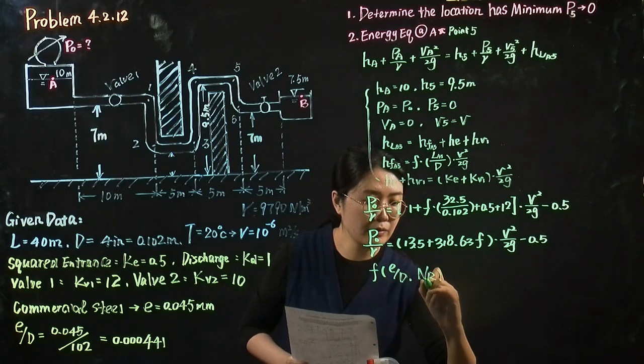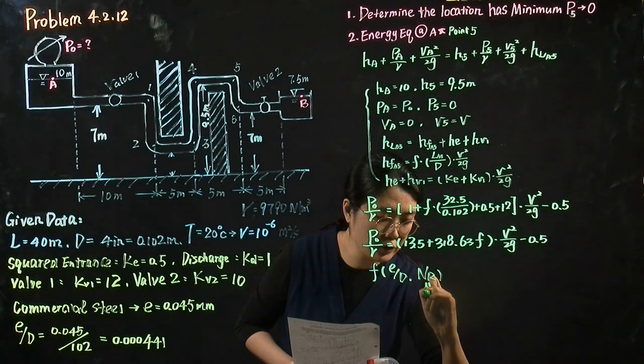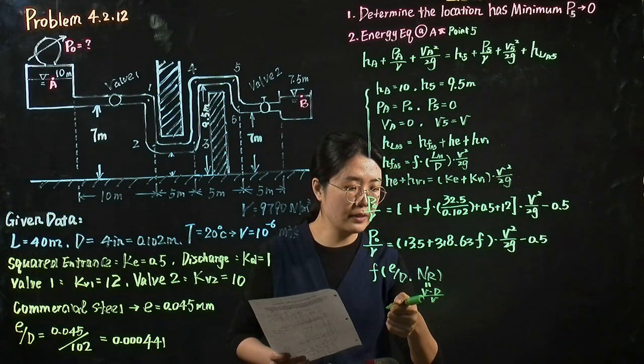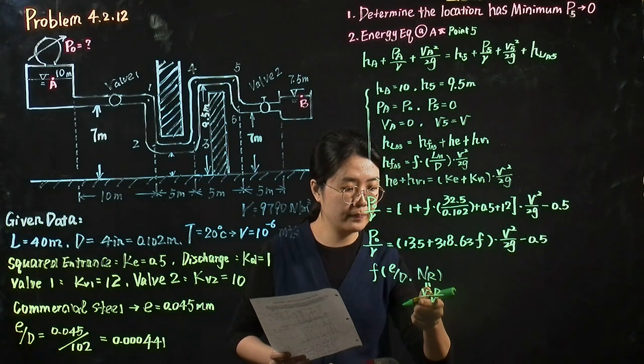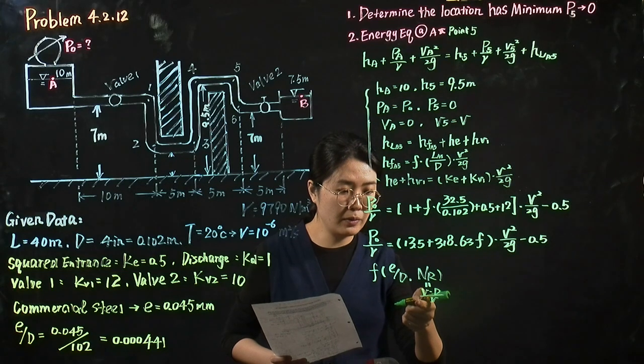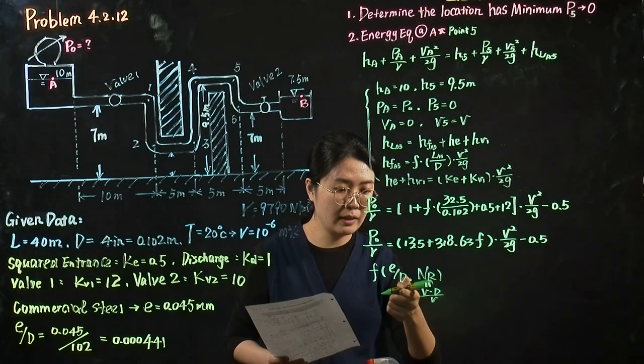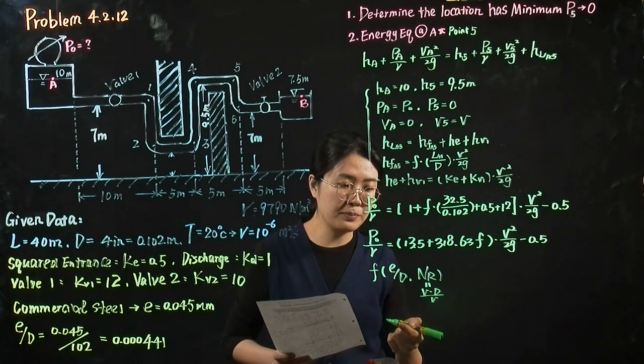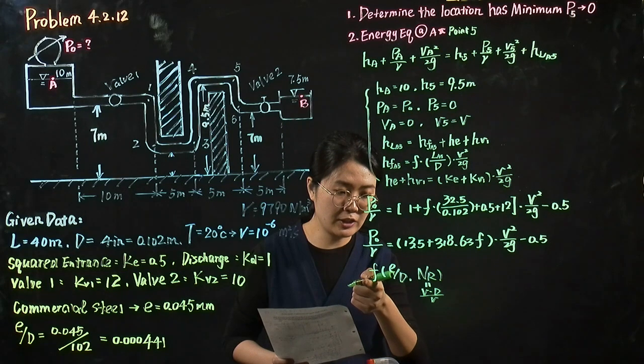Because the Reynolds number equals the velocity times diameter over kinematic viscosity, and the velocity is unknown, currently we only know the value of the relative roughness. So we cannot use the Moody diagram to determine the friction factor.